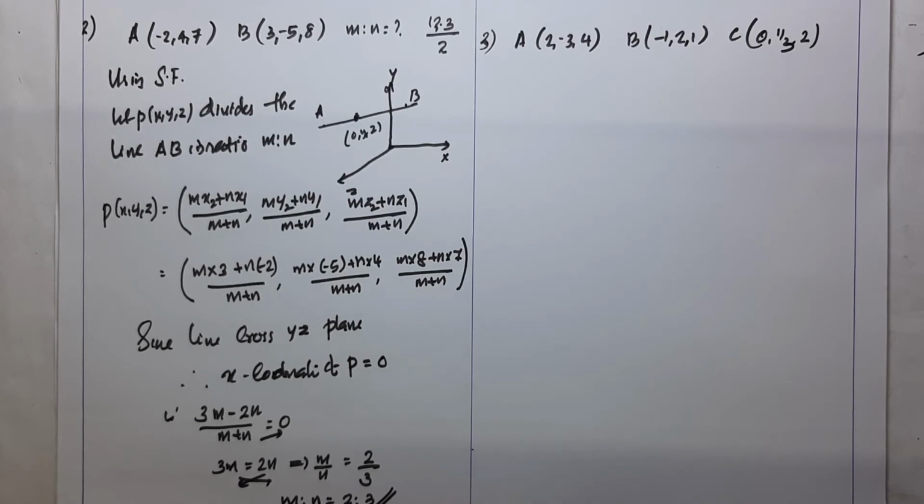Prove that A(2, -3, 4), B(-1, 2, 1), and C(0, 1/3, 2) are collinear using section formula. Already you know how to prove collinearity using distance formula.